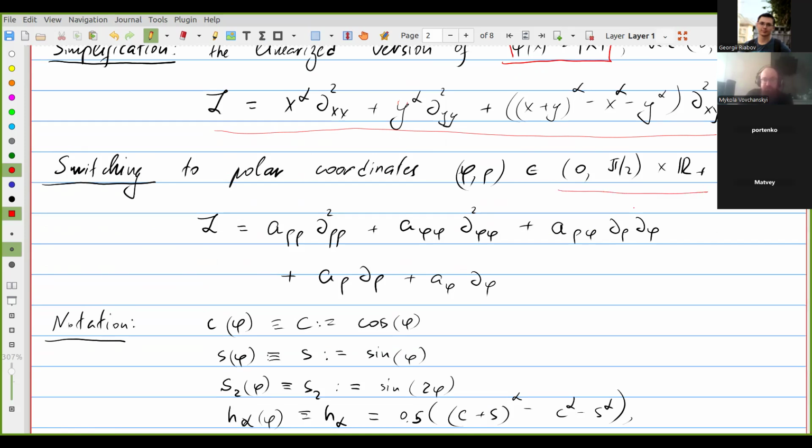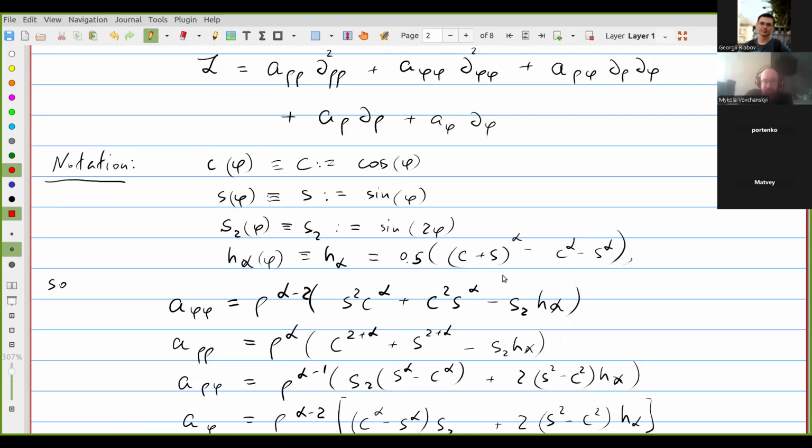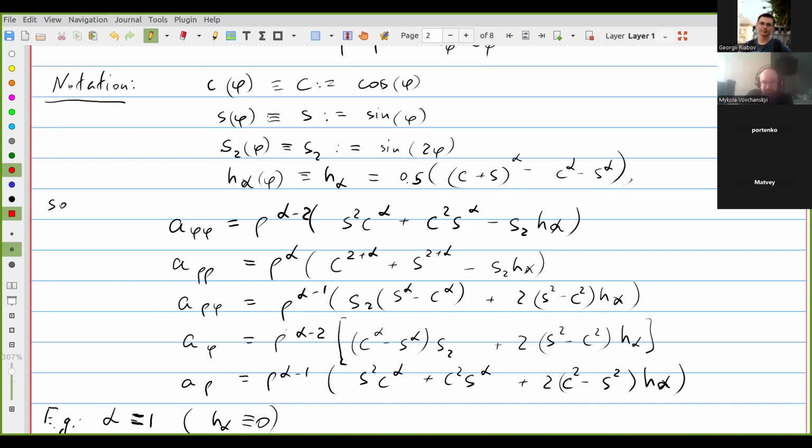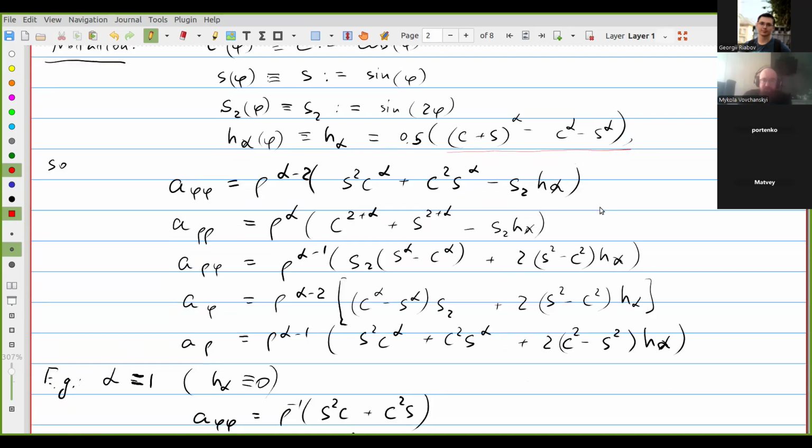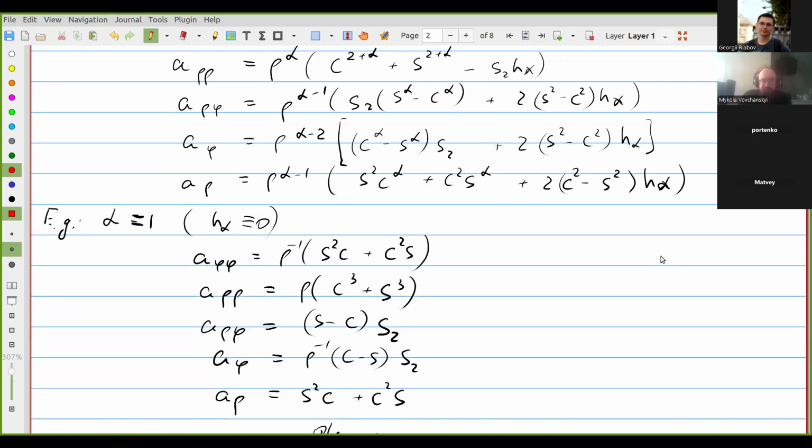We have this set, and we can then recalculate our operator to obtain these expressions, where here and everywhere C of phi is cosine, S is sine, S2 is sine of double phi, and this is this function. So we have a nonlinear situation even in this case, and in this simple situation, which is going to be a model situation, we have simpler coefficients.